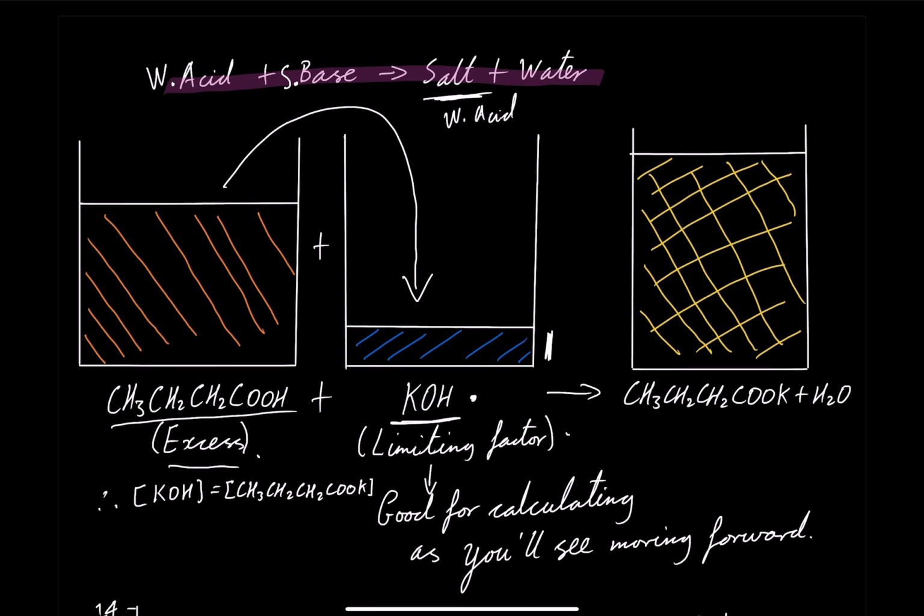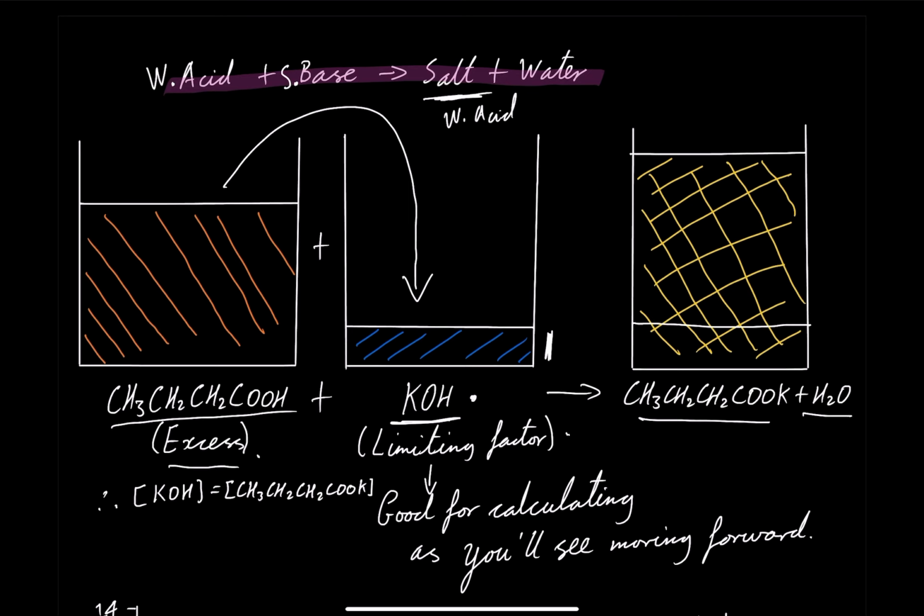So we then form this here, where we have the salt, in this case potassium butanoate, and water. But realistically, we only have a certain volume of this potassium butanoate.